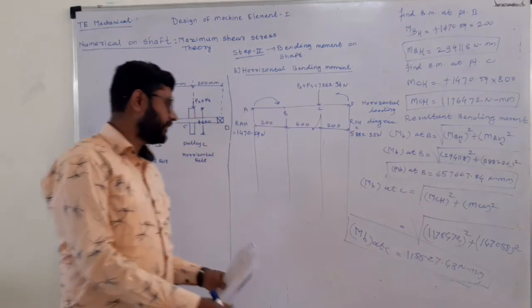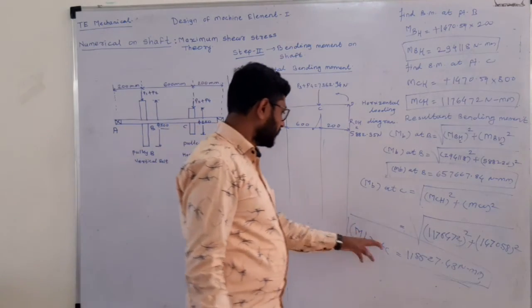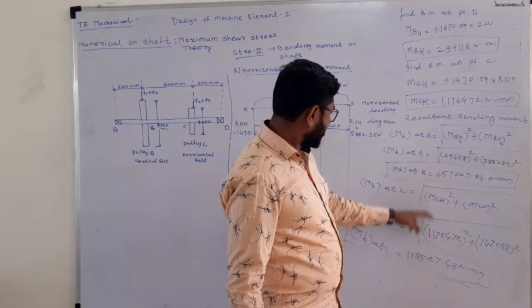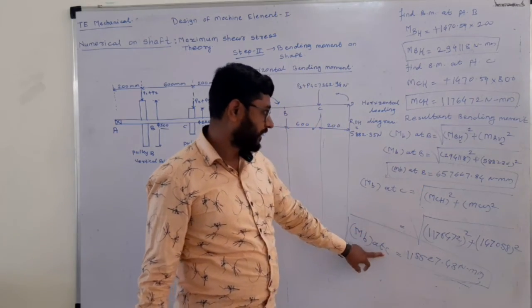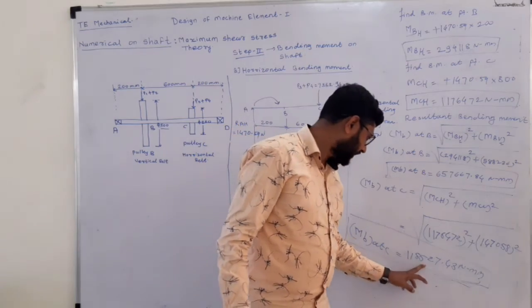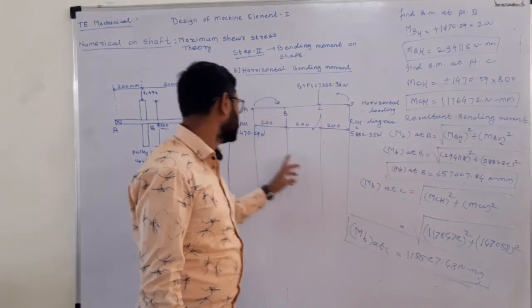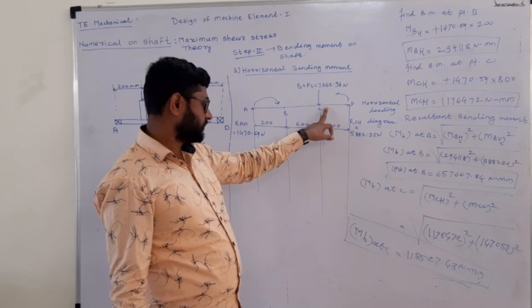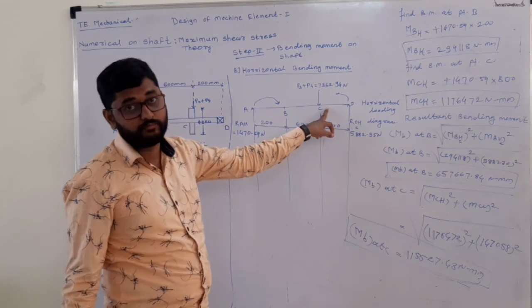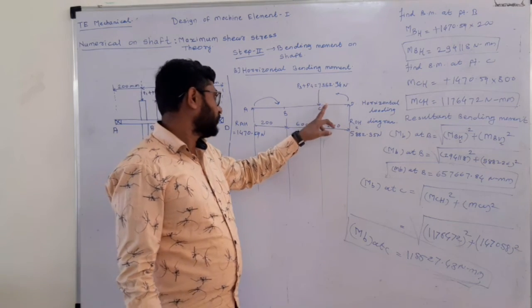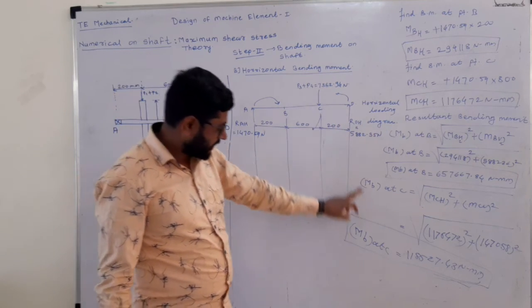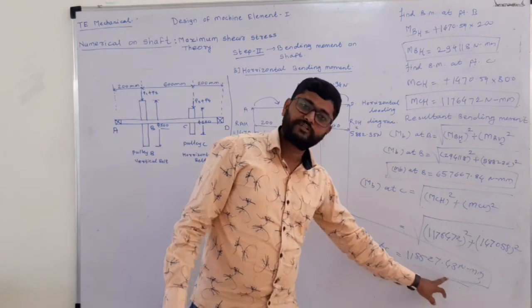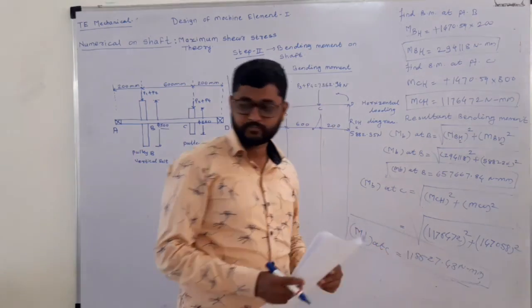By comparing bending moment at point B and at point C, bending moment at point C is maximum, because at point C maximum stress is acting. That's why the bending moment at point C is maximum.